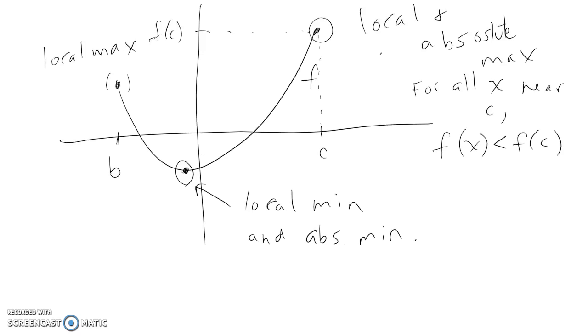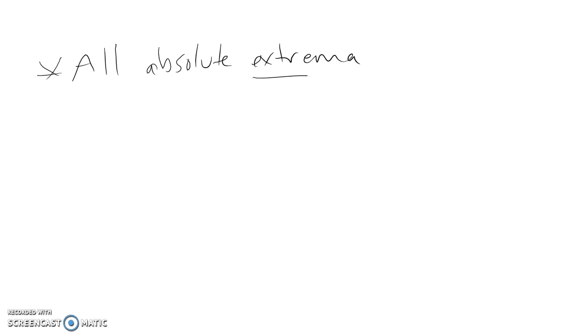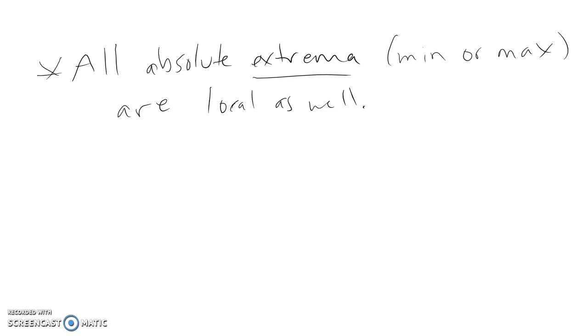Okay, by looking at these two things, we can maybe make two little conclusions. All absolute extrema, here's a new word, extrema, which means min or max, it's the plural of all of those, are local as well. So if you have an absolute extrema, then you get a local extrema.